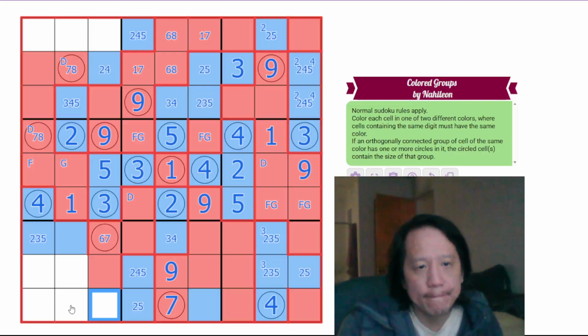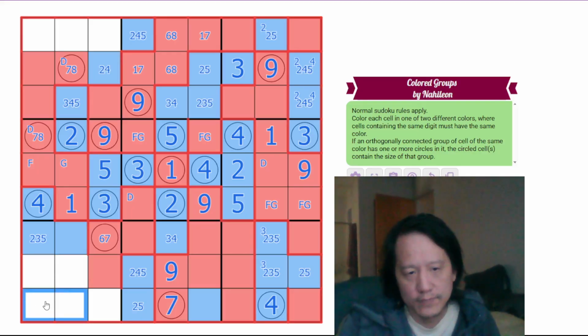Only one of these is blue, one of these is red, but it could be a blue-red pair here, opposite.